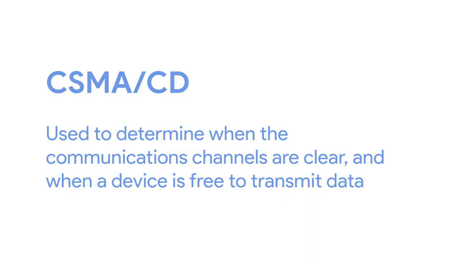Ethernet as a protocol solved this problem by using a technique known as carrier sense multiple access with collision detection. Doesn't exactly roll off the tongue. We generally abbreviate this to CSMA-CD. CSMA-CD is used to determine when the communications channels are clear and when a device is free to transmit data. The way CSMA-CD works is actually pretty simple.